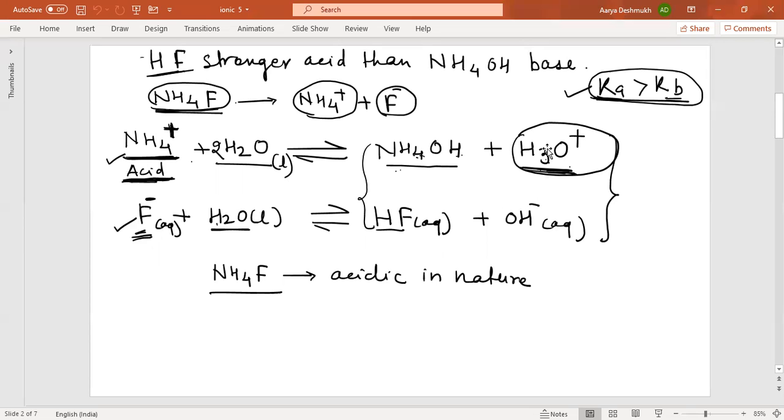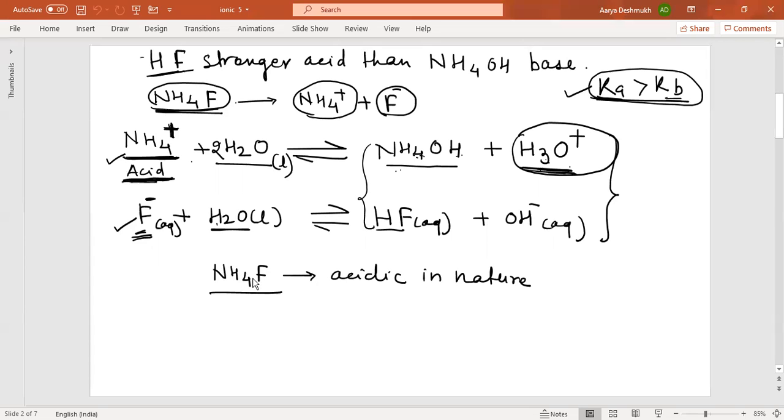So how can you say that it produces more protonium ion? By looking at the values for Ka, because the situation is like this, Ka is greater than Kb. This suggests that there will be more production of protonium ion than hydroxide ion. So NH4 plus ions are slightly stronger as acid than fluoride ions as a base.